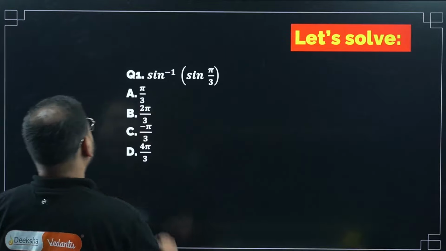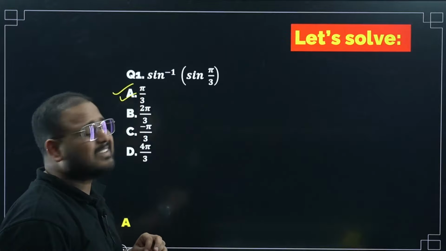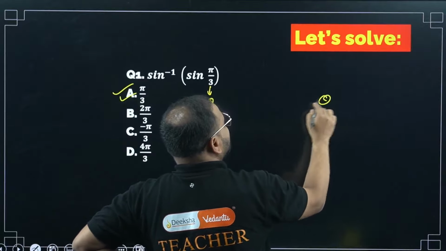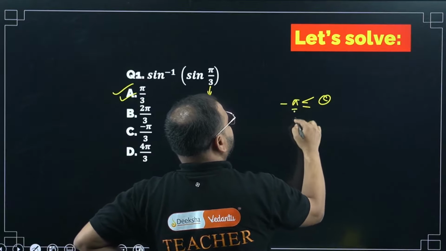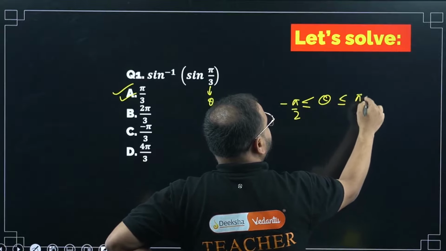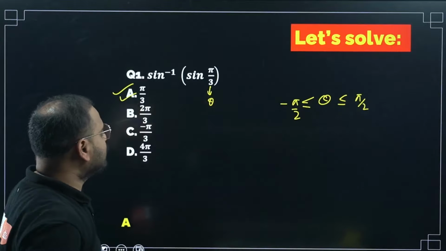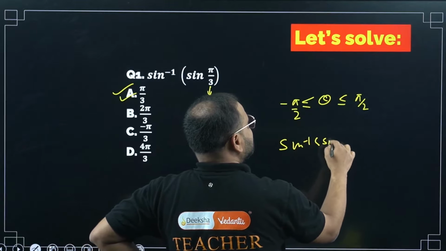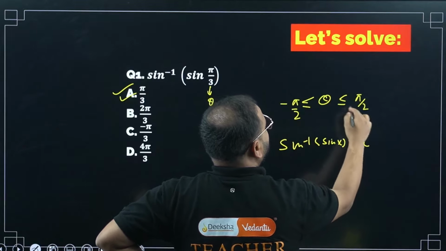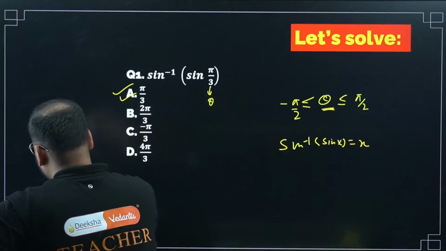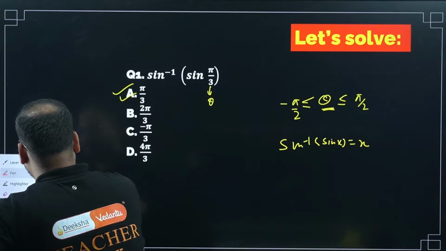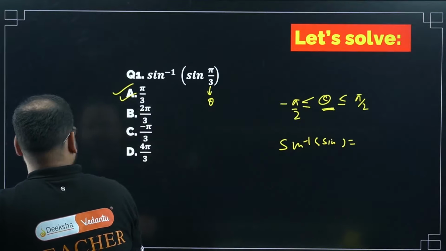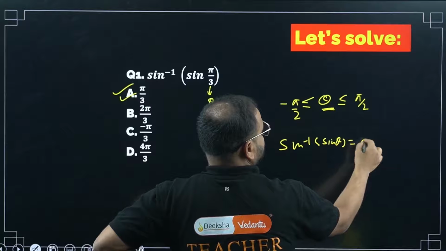Very simple. What is the answer? Pi by 3. Why, sir? What is the angle here? Theta. Where is theta existing? Theta is between this value. If this is true, I just wrote this formula: sine inverse of sine x is equal to x when x belongs to minus pi by 2 to pi by 2.